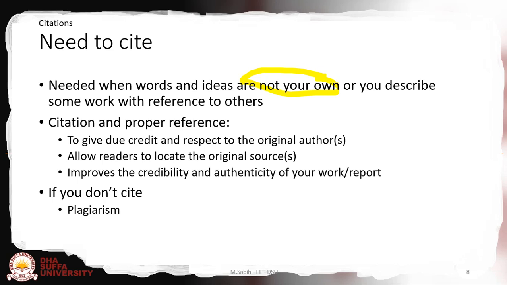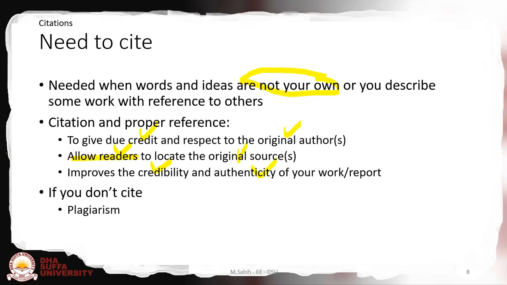Citation and proper referencing is important to give due credit and respect to the original authors, and it also allows readers, your professors or whoever is reading your literature review, to locate the original source. And of course, when you use quality research work in your literature review, it improves your credibility and authenticity of what you are doing.